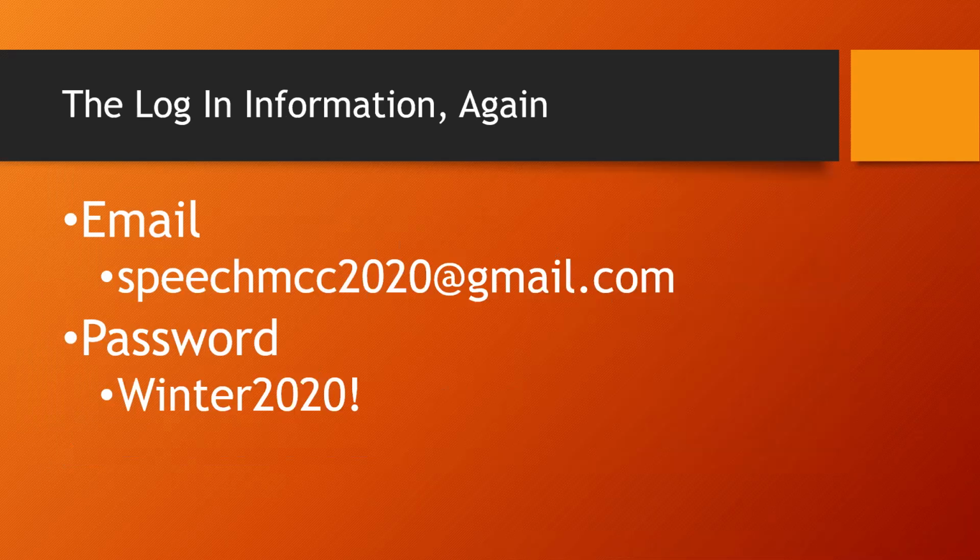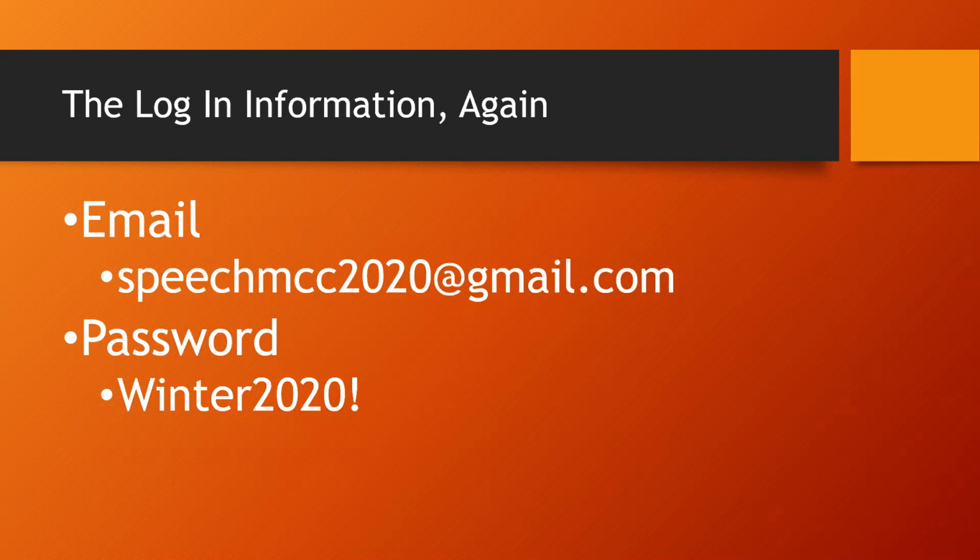So this is the correct login information. So you might want to write this down. Again, I'll include this in the email as well. So the email that you're going to log into on YouTube is speechmcc2020@gmail.com. That's the email that you're using to log in. That's your sign in. No space there.